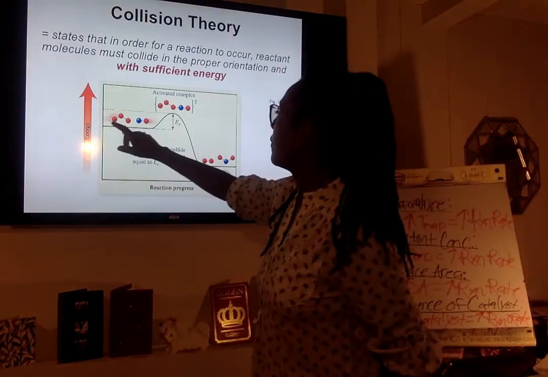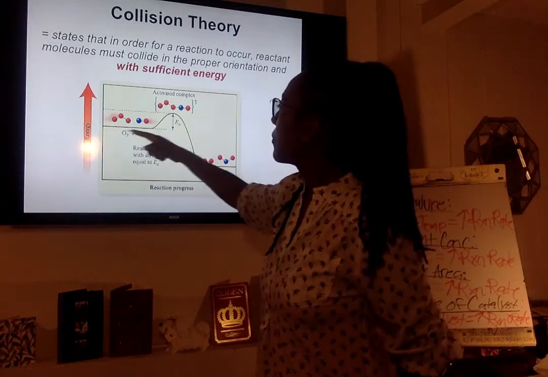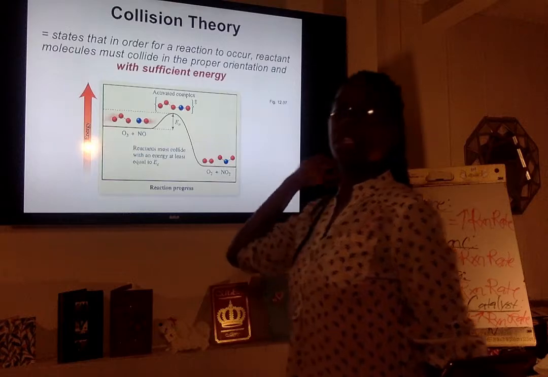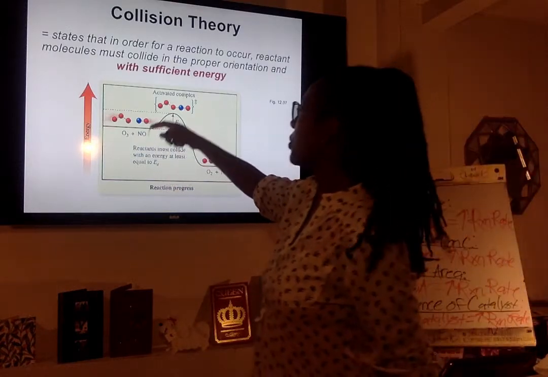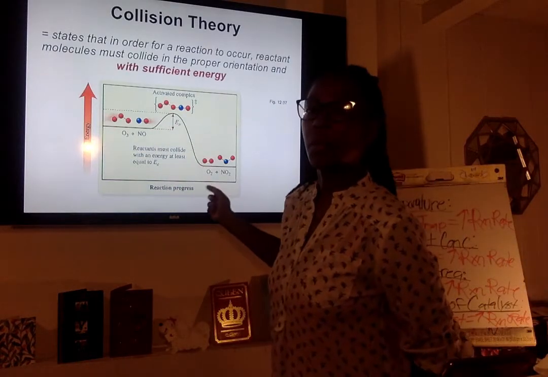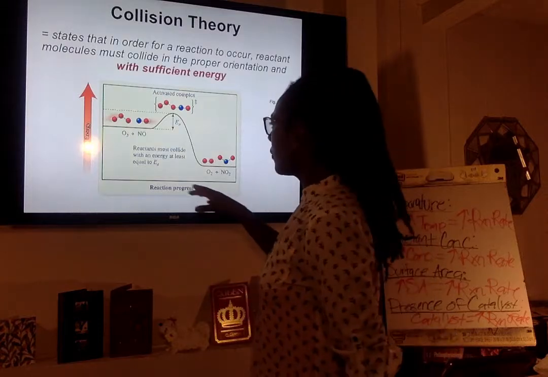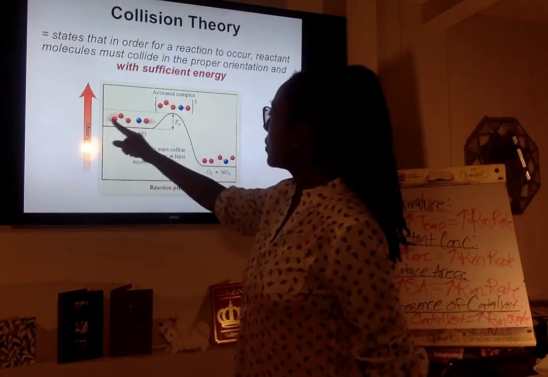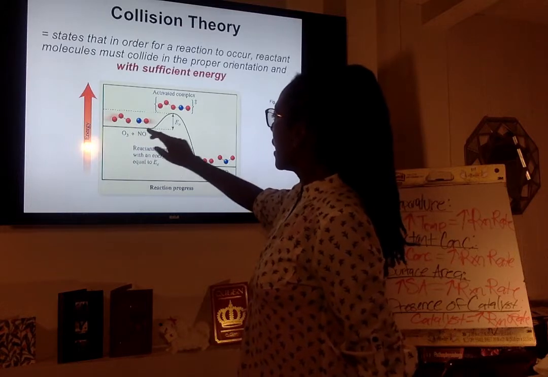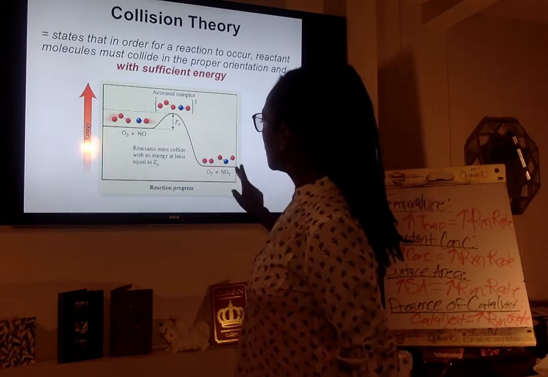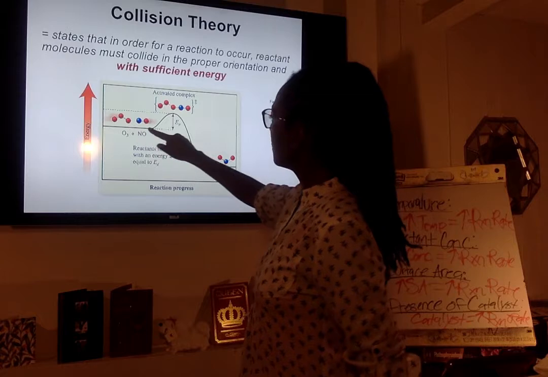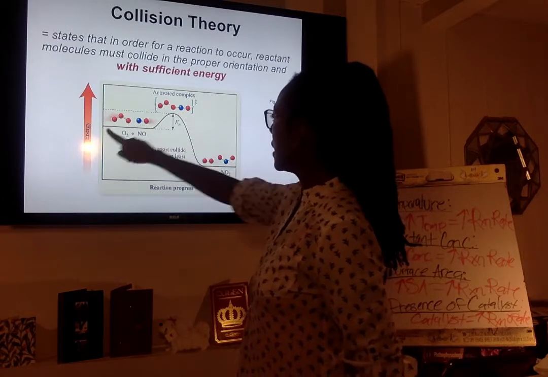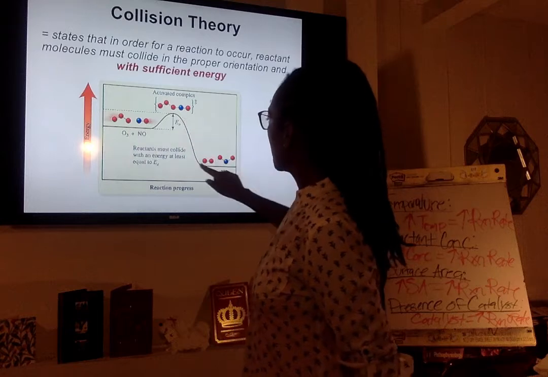If it doesn't get this much energy, this reaction will not take place. If you don't increase temperature, or energy isn't somehow added to push this reaction forward, a reaction will not happen. Right now you have these reactants together, and in order for it to come down to these products, it's almost like you have to push it all the way over this little barrier. So you need energy to go over this barrier.